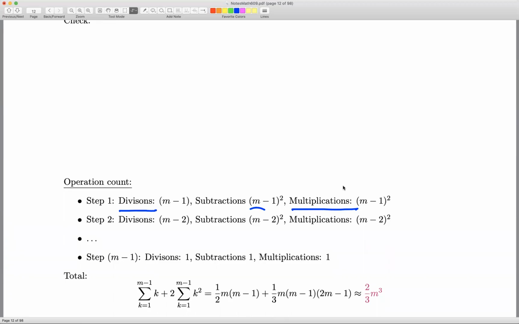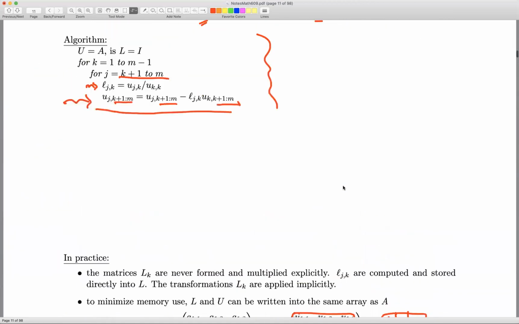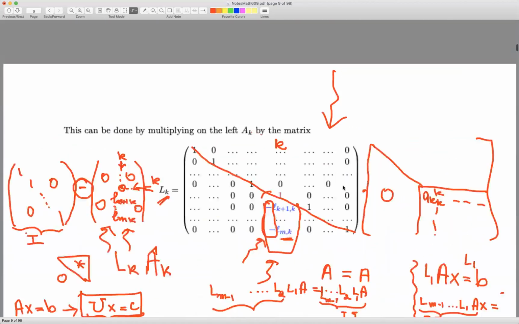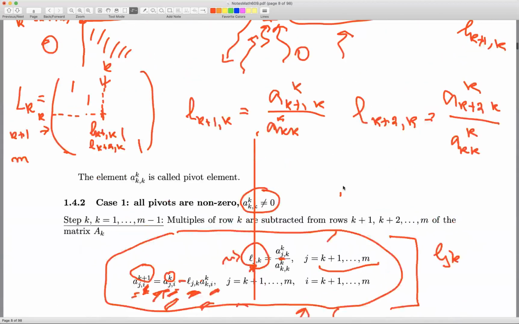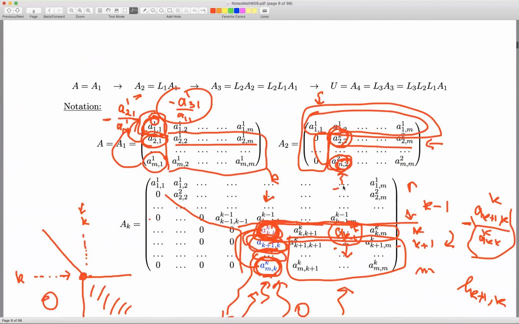If we look at the first step, what did we do in the first step? We basically computed all the L's for the first column. To compute all the L's for the first column, we had to divide this number by the corresponding pivot element, the next number by the corresponding pivot element, and so on, the last number by the corresponding pivot element.